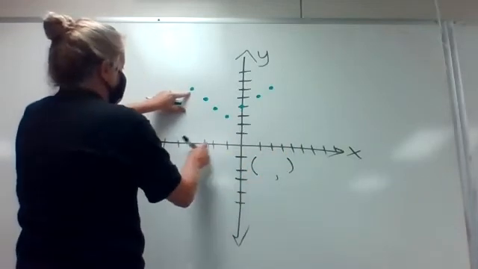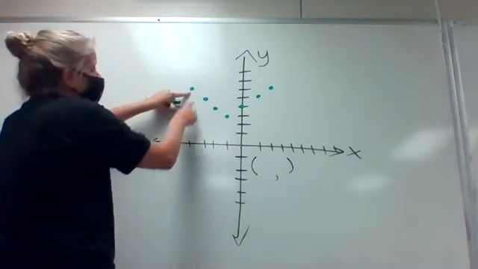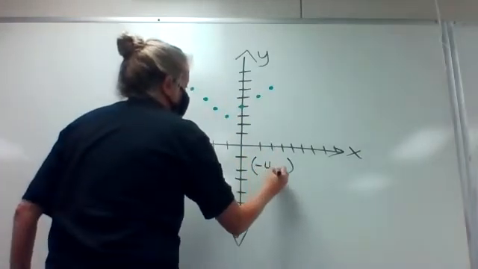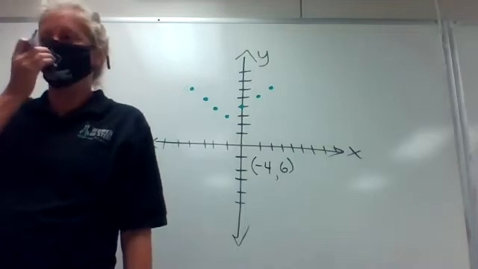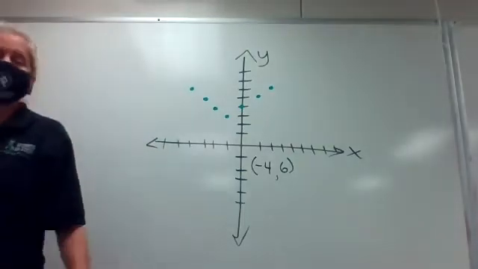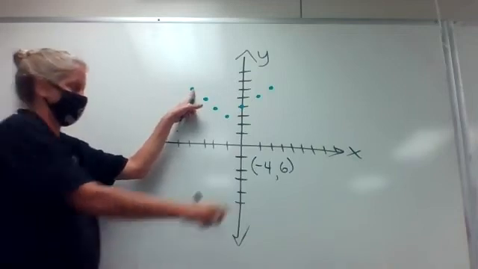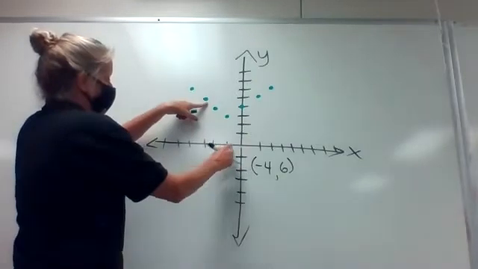Okay, so starting with this farthest left point, again, I'm just listing out the points. So let's see, its x value, it's lined up with -4, +6. So that's going to be the ordered pair that made that point, right? Because it's left 4 and up 6. Left 4, up 6. That's what got you to that point, those 2 movements. What got you to this point?